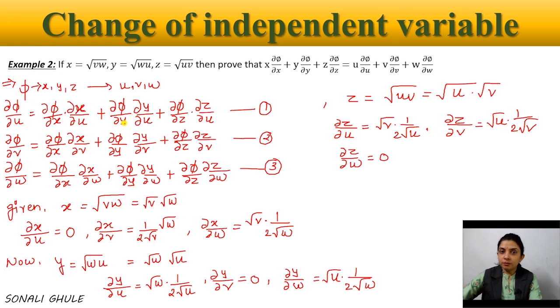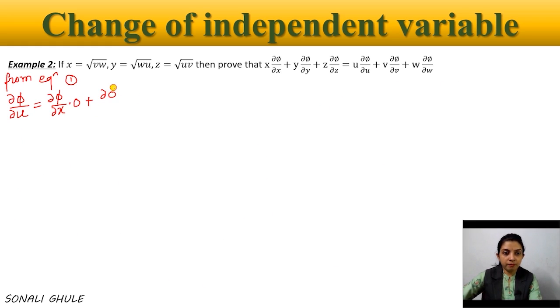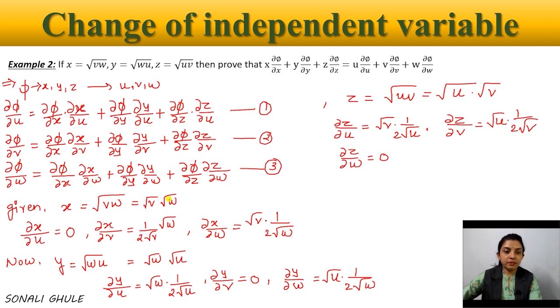Then phi with respect to x and y with respect to u. So here, first of all, write phi with respect to y and y with respect to u. What is the derivative of y with respect to u? This one, root w upon 2 root u.